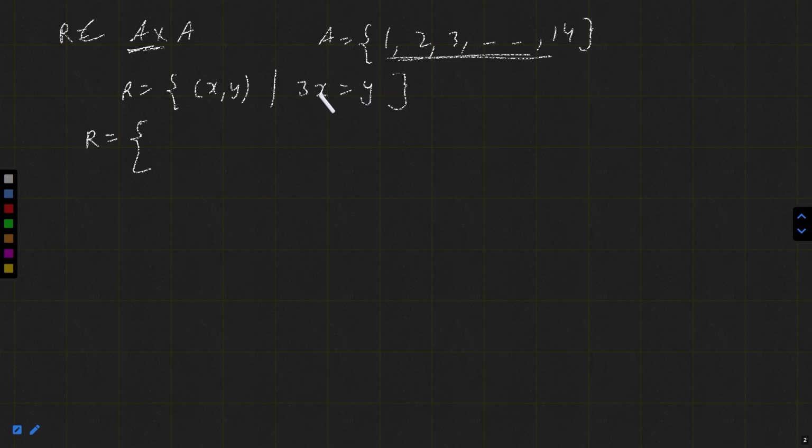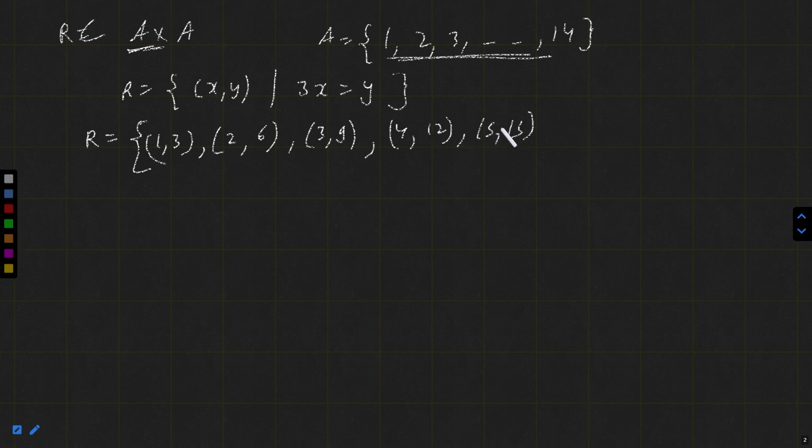If x is 1, y is 3; x 2, y is 6; x 3, y is 9; x 4, y is 12; and x 5, y is 15. Does this belong to R? No. Why?